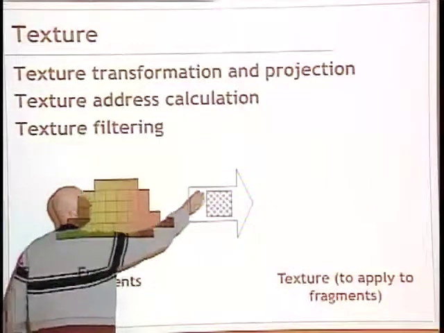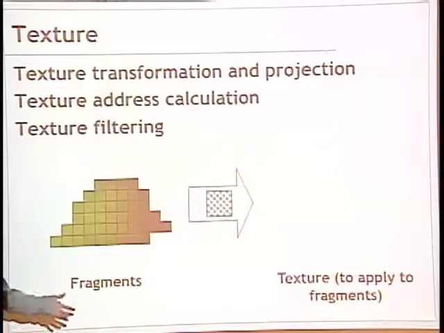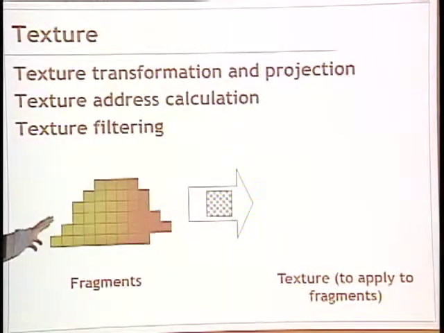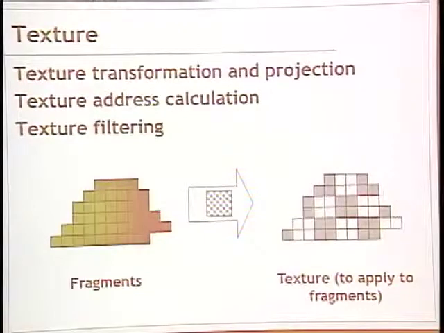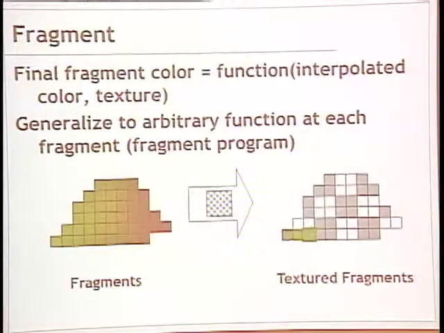Then we have to figure out how this thing maps onto this thing, because you can decal it in many different ways. You get to specify where the corners are, and it'll figure out everything that happens in between. So there's lots of calculations associated with texture. This is a big piece of the pipeline. Here we're having a nice simple orthogonal mapping, and then we're going to have to figure out how to blend these things together. So we're going to blend the texture with the colors.